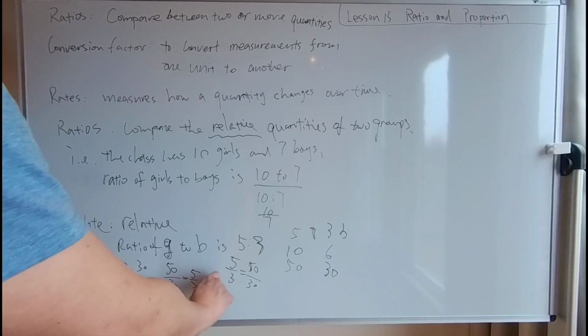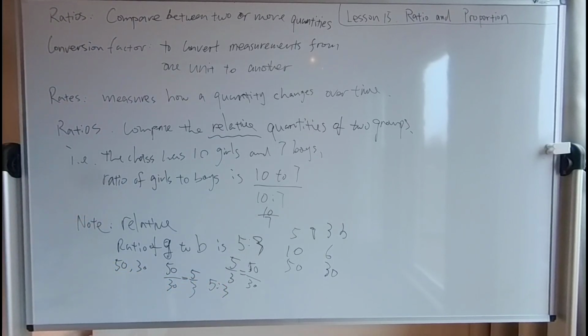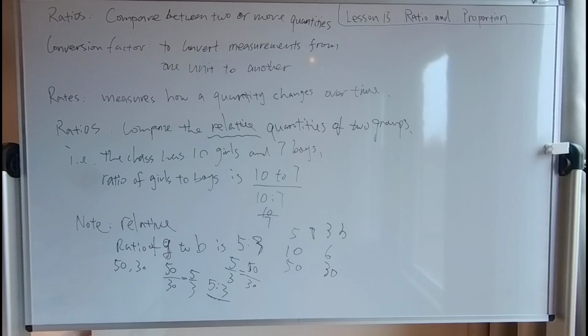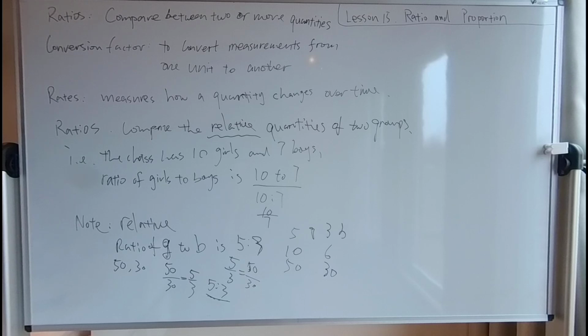Eventually I will say that the ratio is 5/3. I won't say the ratio is 50/30, because same as with fractions, when we give the ratio, we also want to give the simplified form.